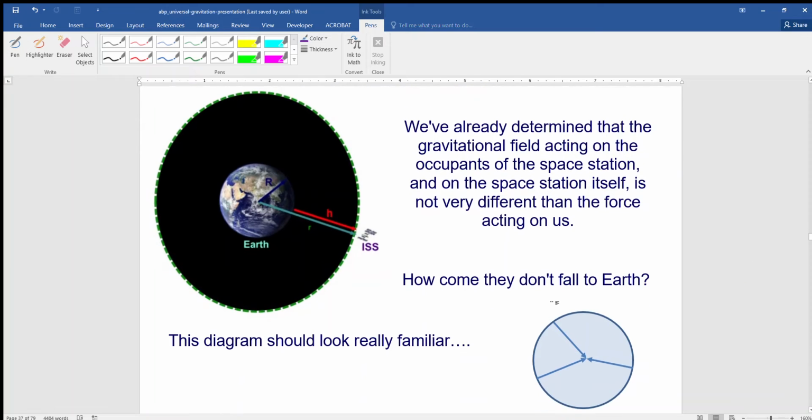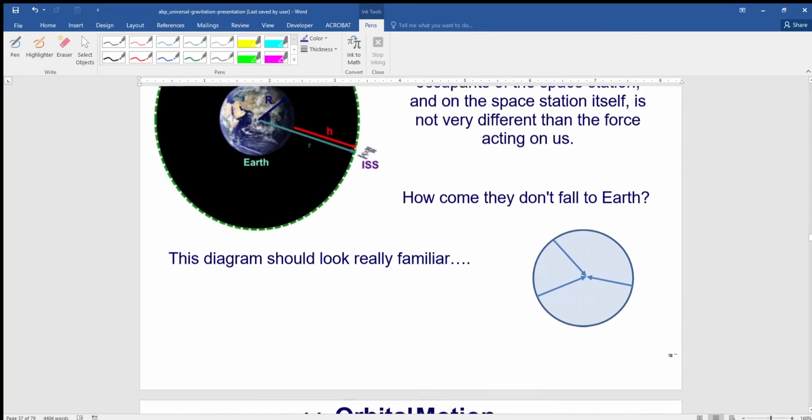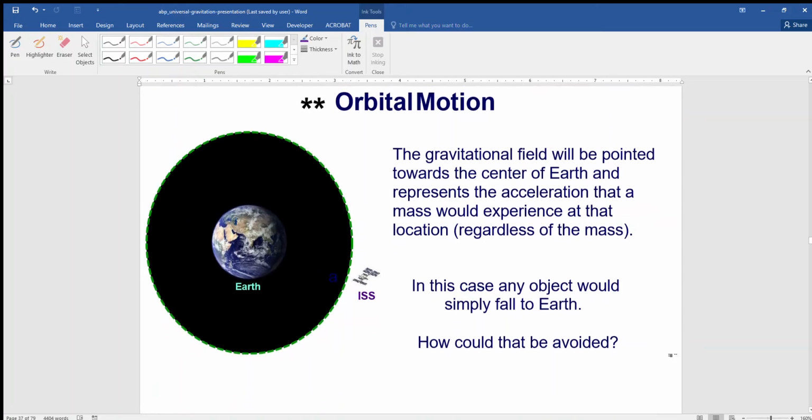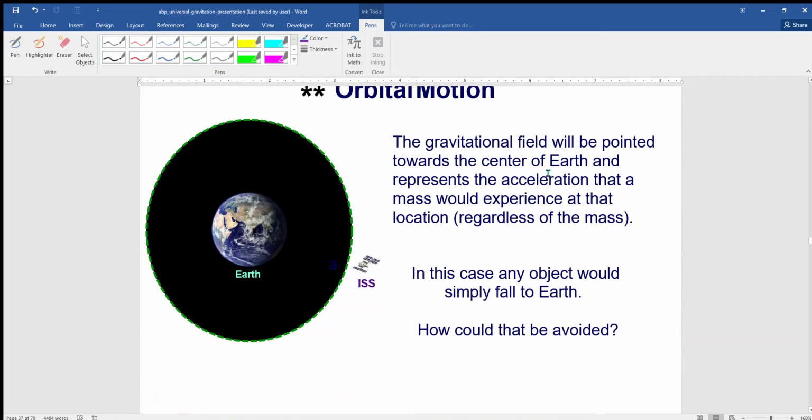As we had seen previously when we were talking about circular motion, your acceleration is always directed towards the center of the circle. The gravitational field will always be directed towards the center of the Earth and represents the acceleration that a mass would experience at any particular location on that circle.